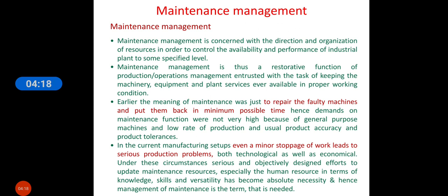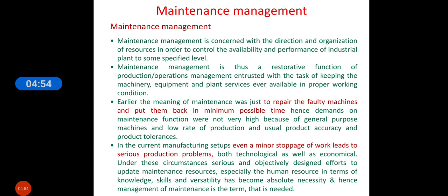But in the current manufacturing setup, a minor stoppage of work leads to a serious production problem. Even if you see, we have 24 hours, our machines are working right now, and if a single fault occurs and because of that the machine stops working, it leads to high cost because restarting the machine uses power, which increases the cost most.